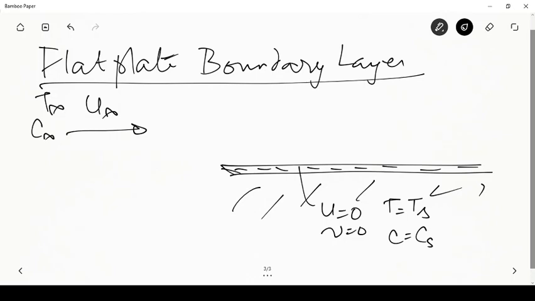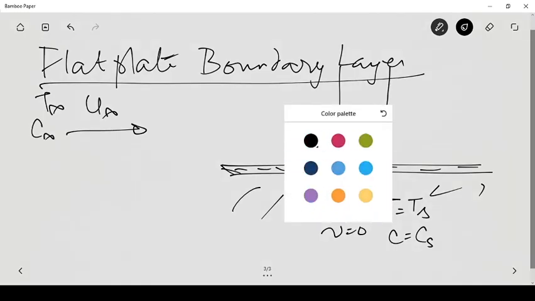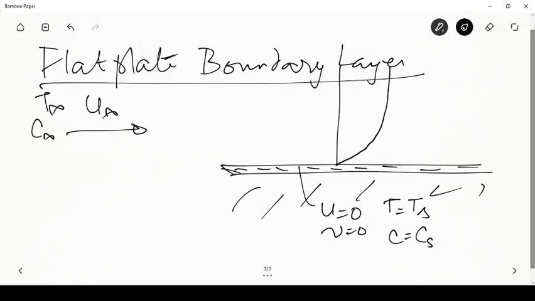Then actually, as we saw in the earlier class, at any location, if I look at the variation of velocity, the u would go something like this, where u is 0 at the surface because of the no slip condition, and far away from the plate it is u infinity.